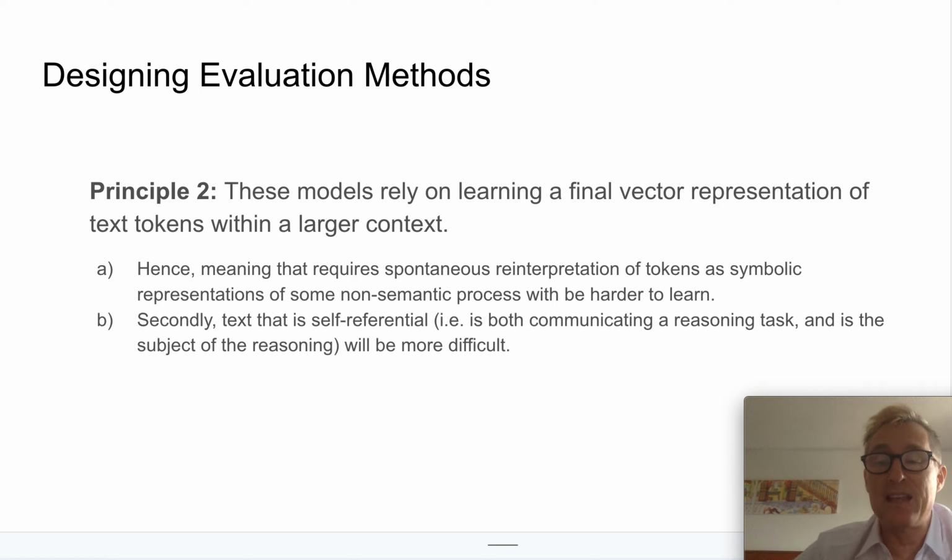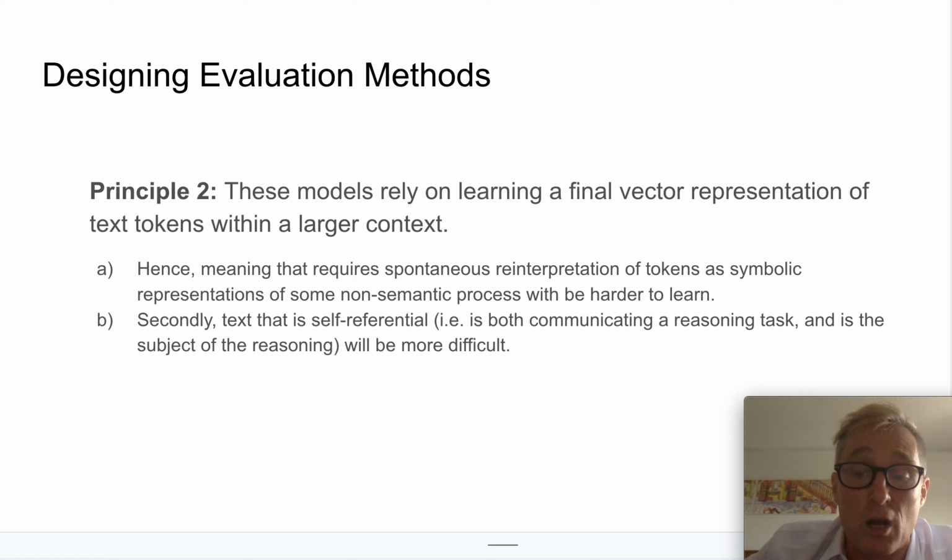So any kind of problem that requires some spontaneous reinterpretation of the tokens as symbolic representations of something else, not captured by the pure semantics of previous text, like having to view the use of ASCII characters as, in fact, a kind of drawing, a depiction of a problem, should be hard for it to learn.